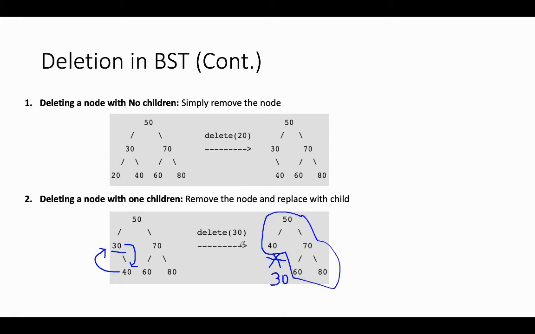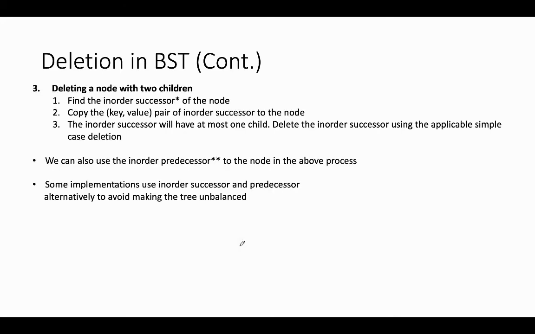Now let's look at the final case. Deletion in binary search tree for a node having two children. Now in the case of two children, the process is slightly involved. So first we need to find the in-order successor of the node we want to delete.